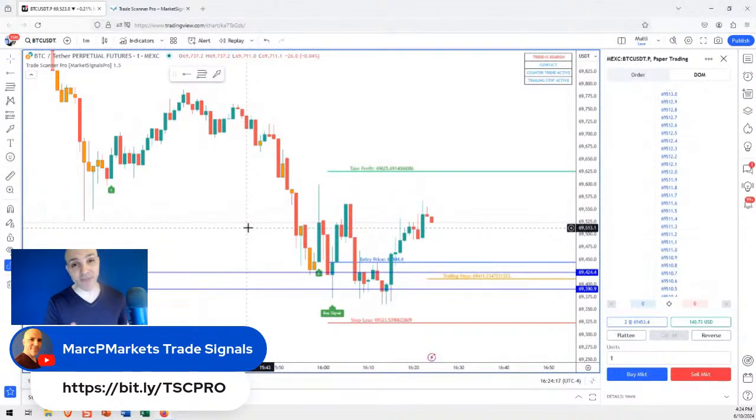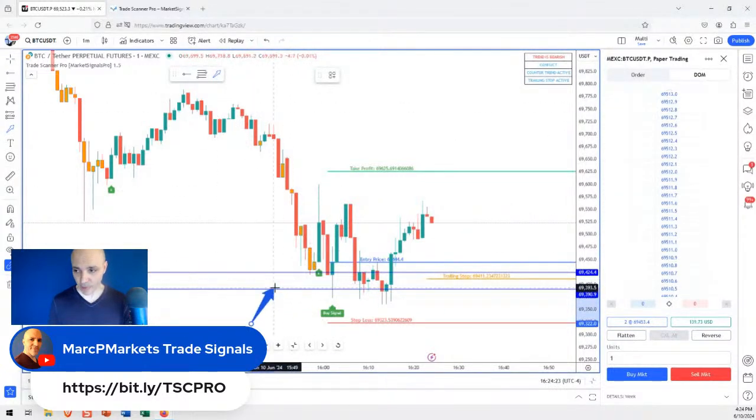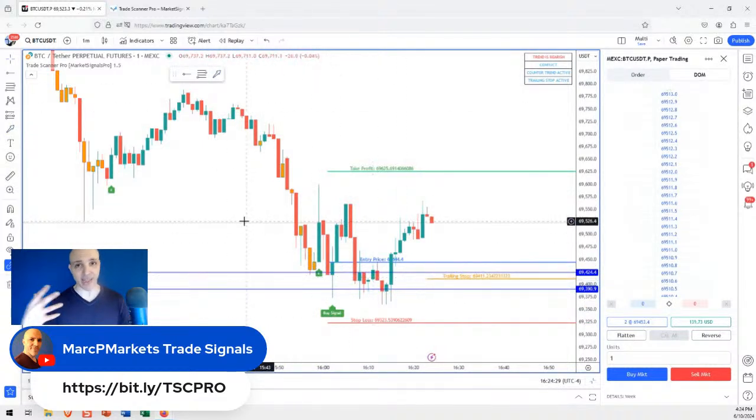Now, I do have an idea where we can formulate some logic to produce these levels automatically, and even possibly filter out and only show trades at these levels. I have an idea of how we can formulate that, but you're not going to see that update anytime soon. I have to do some experiments.